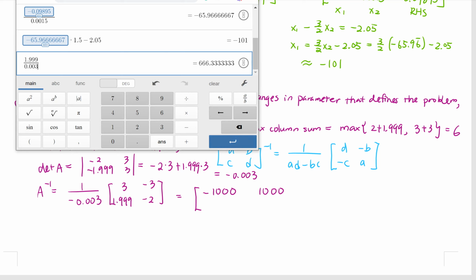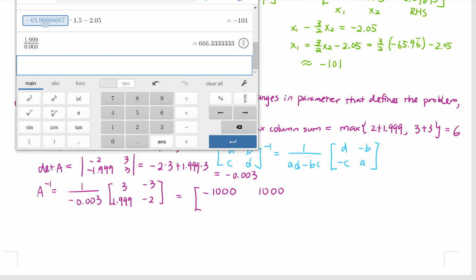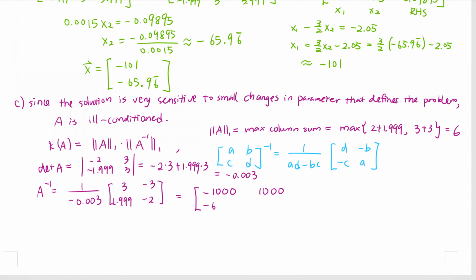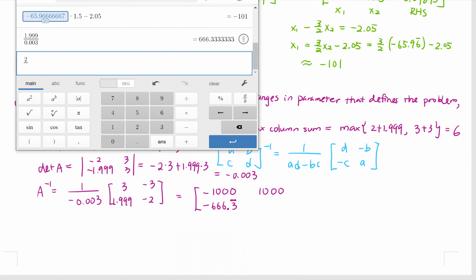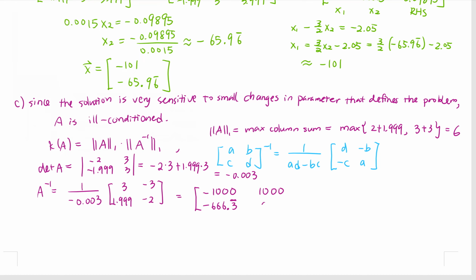We get -666.3, the 3 repeats. And -2 over -0.003 is the same as 2 over 0.003, which is 666.6, and the 6 repeats. So far, so good.